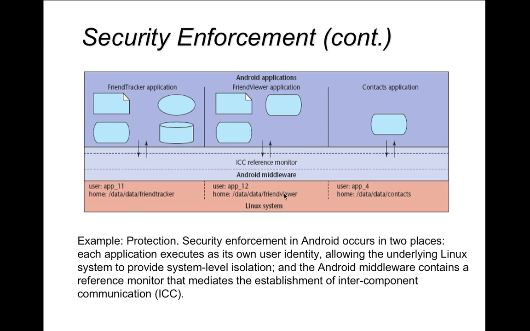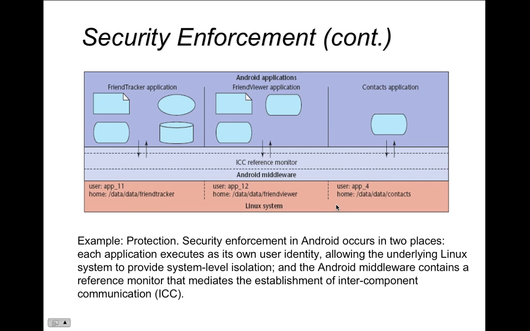So in terms of the enforcement, we have the intercomponent communication, which is a reference monitor. And then we have the Android middleware that sits in here, which I wouldn't call a port sniffer, but it's an application sniffer. It's checking, trying to make the components actually connect back and forth. And then we have user here, we have app 11, app 12, app 4.